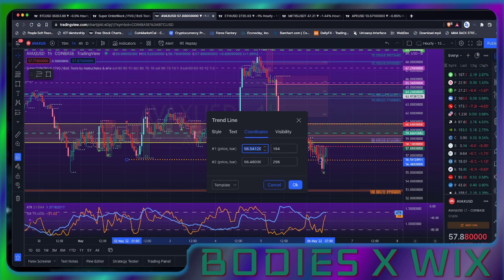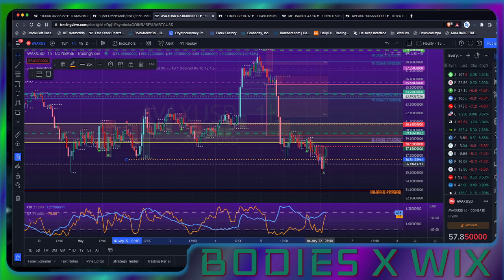Support is going to be working as a breaker, which that would be. It would take me a while to explain a breaker. Let me see if I can find one in here.